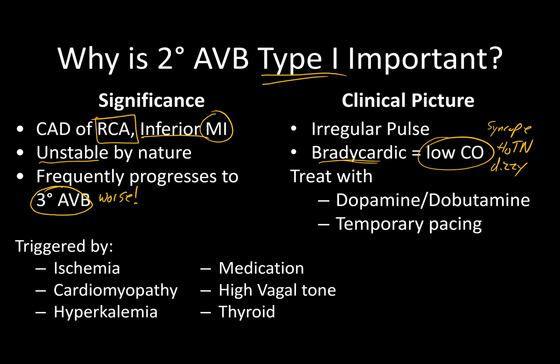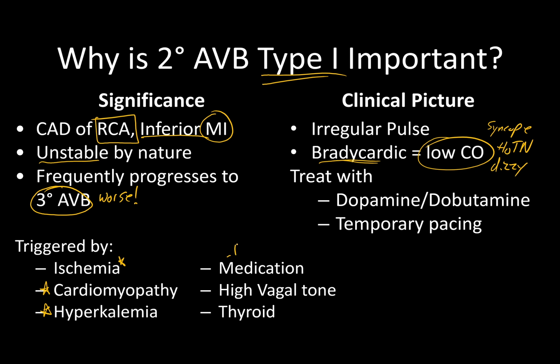Ultimately, triggers, just to talk about triggers real quick. Ischemia, we talked about that with the MI. Cardiomyopathy, which is an enlarged heart. High potassium, hyperkalemia. So that's why we check those labs and we correct those when we can, or when it needs to be done. Medications, those are always a bit of something that could do it.